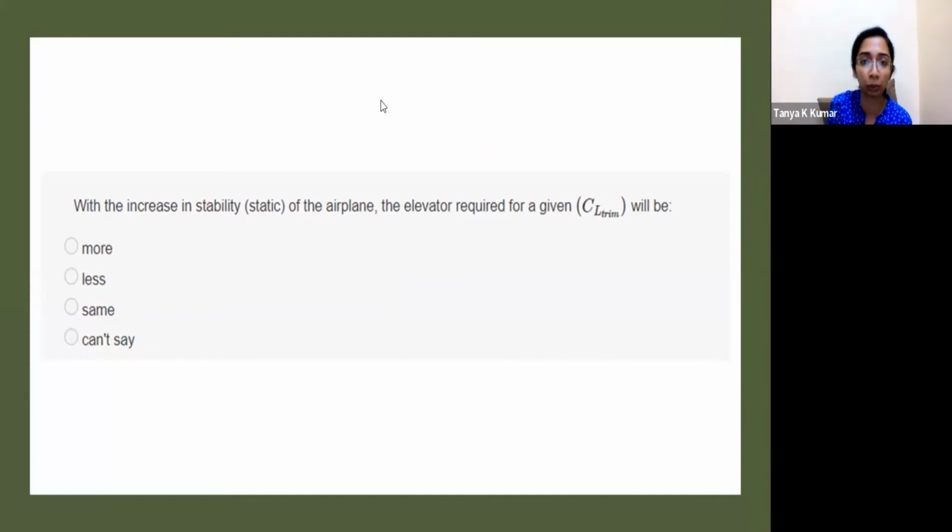Okay. For this question, what would the answer be? Can anyone try to answer this? With increase in stability, if you want to trim the aircraft at the same CL, the delta E trim required, would it be more? Would it be less? Would it be same?